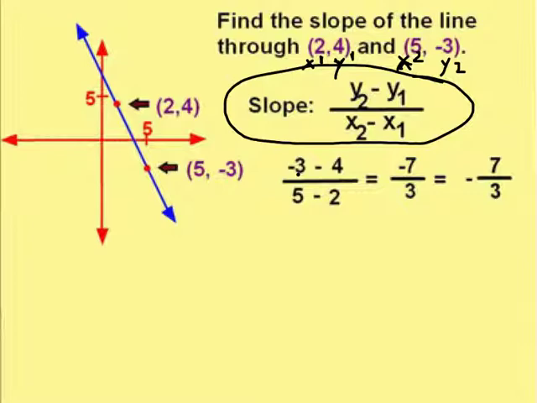Y of the first is 4, but we have a minus here. If it were -4, it would be -3 plus 4. And then x of the second is 5, and x of the first is 2, and we do have our minus sign there. When we do the math, -3 minus 4 is -7, and 5 minus 2 is 3. So our slope is actually -7/3.